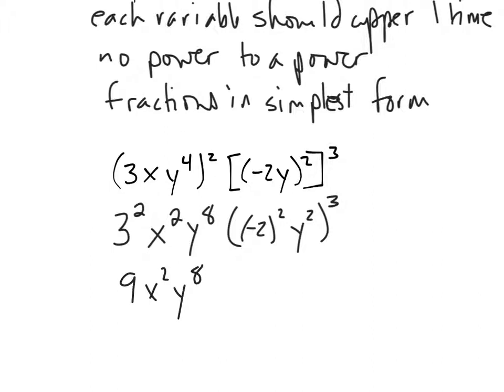Positive 4, because a negative times a negative is a positive, right? So negative 2 times negative 2 would get me a positive 4. So that's going to wind up being 4 to the 3rd power. And then y squared to the 3rd power is y to the 6th power.